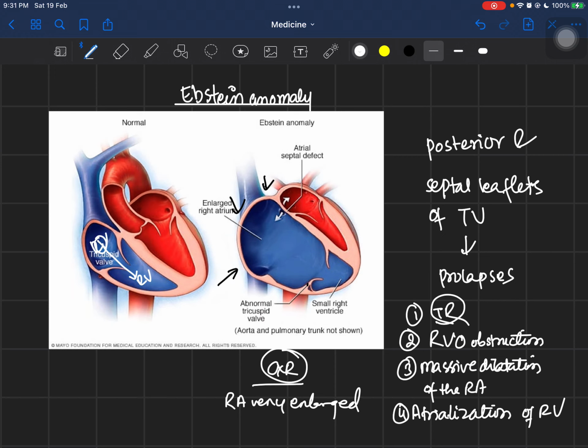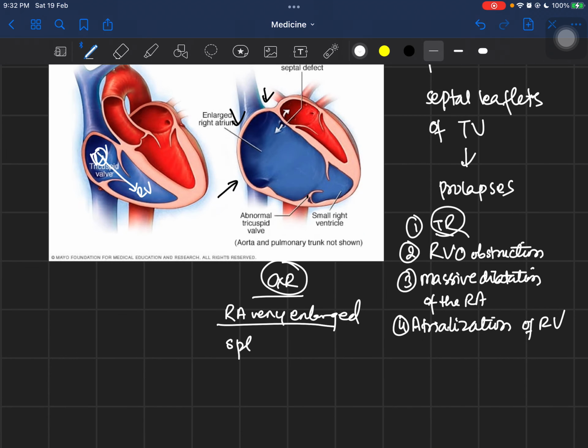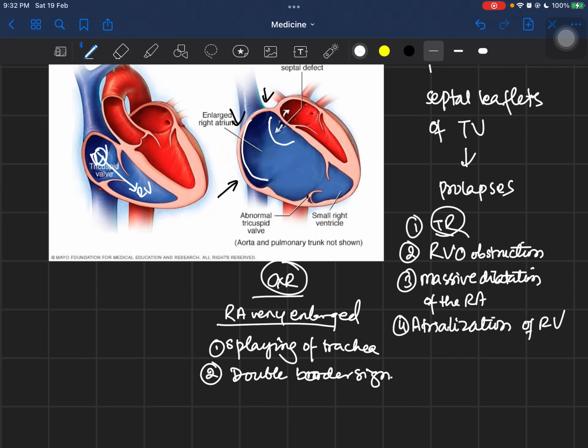It generally presents with right atrial enlargement, and with something known as splaying of the trachea, and number two, double border sign. Because the right atrium is enlarged, you could trace the border of the right atrium as well as the left atrium. That is known as double border sign.